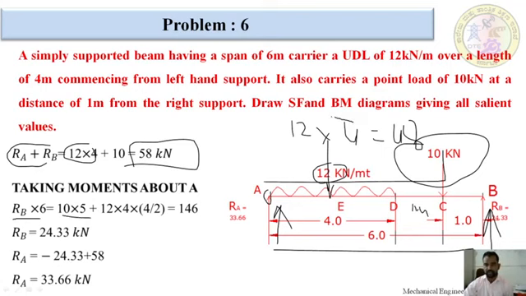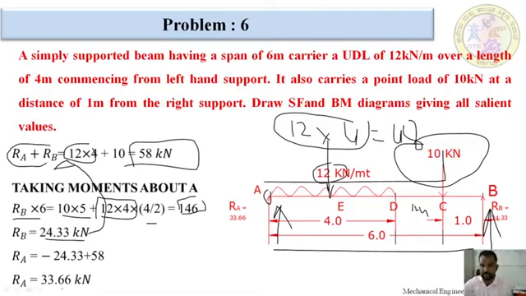After that, this is the point load: 12 into 4 is 48, conversion of UDL into point load, and half of this, 4 divided by 2. That we will get 146 is this value, and by calculation we will get RB value is 24.33 kilonewton. After getting this one, we put it in this formula. We will get RA value is 33.66 kilonewton. This completes the reactions finding.